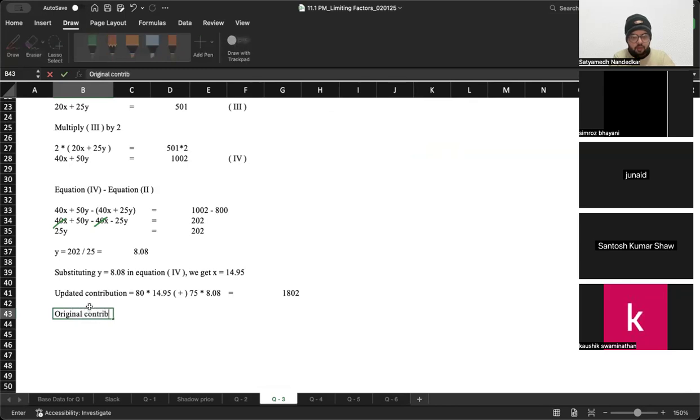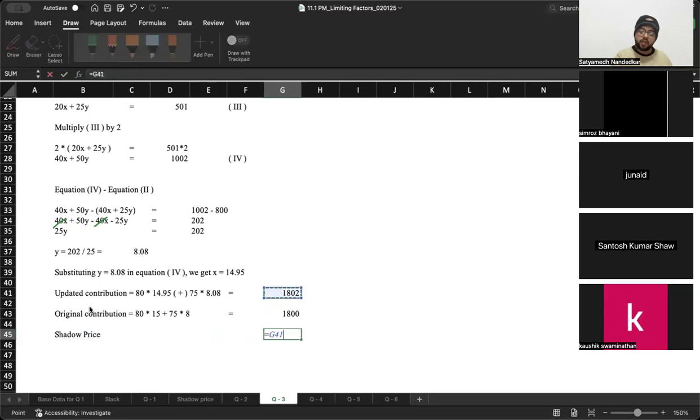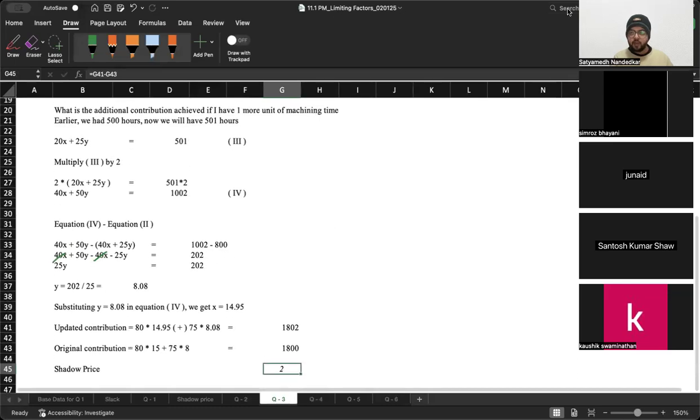So original contribution is 80 into 15 plus 75 into 8, which is 1800. So naturally my shadow price is the additional contribution earned, which is 1802 minus 1800. Have a look at this properly, examine once.